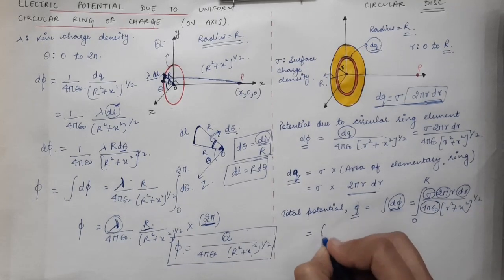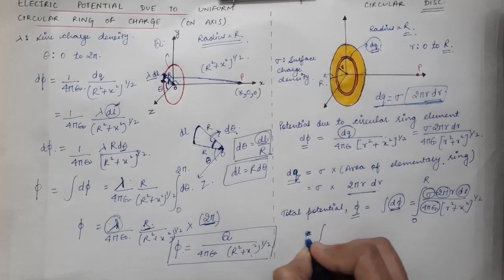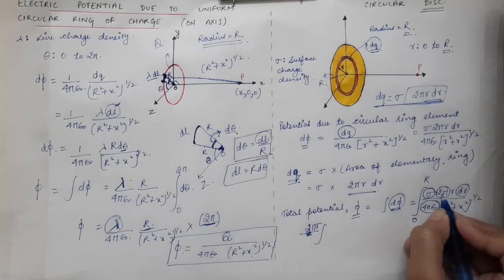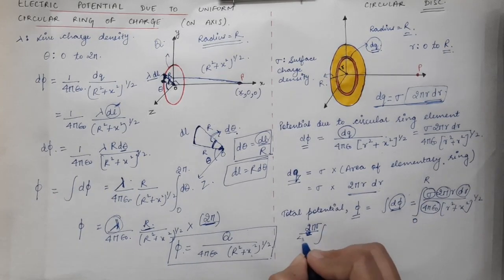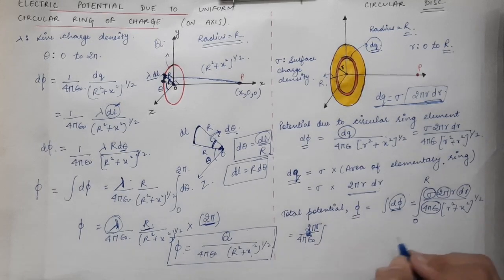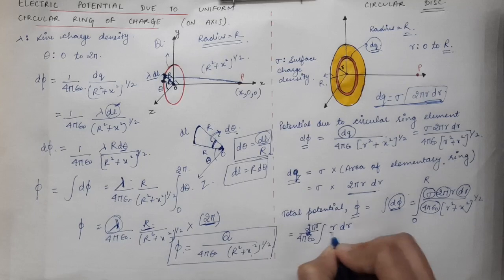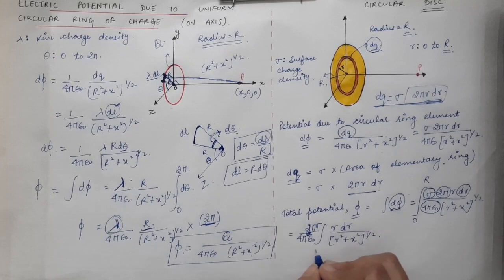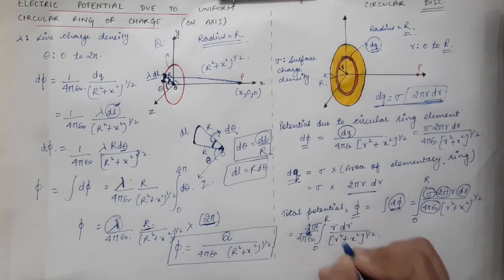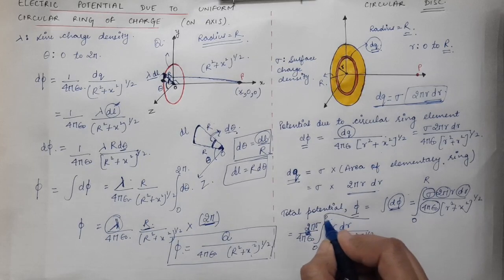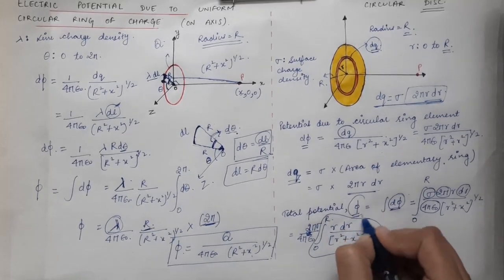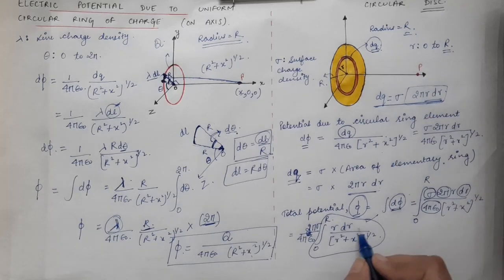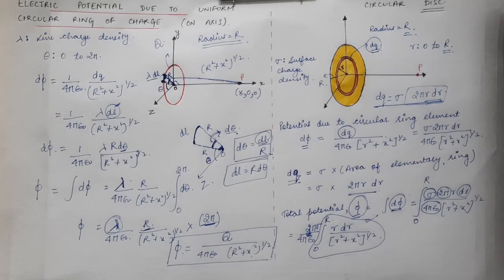So outside the integration you will have 2 pi into sigma, and in the denominator 4 pi epsilon naught, and inside the integration you will have r into dr divided by r square plus x square power 1 by 2, with integration limits from 0 to capital R. So now the task is to evaluate this integral to find the total potential at point P due to a circular disc.